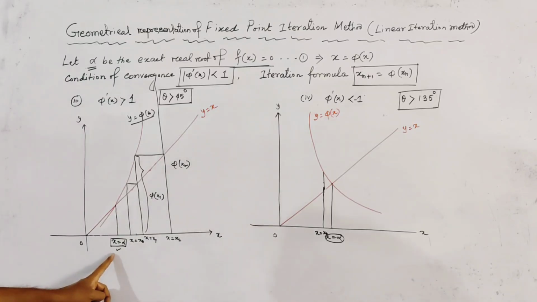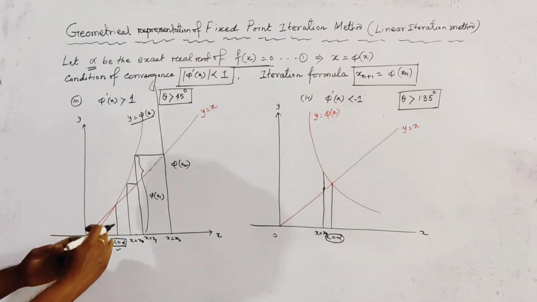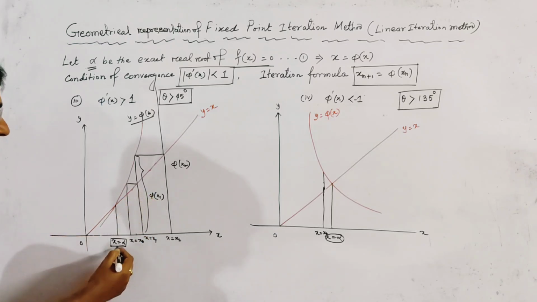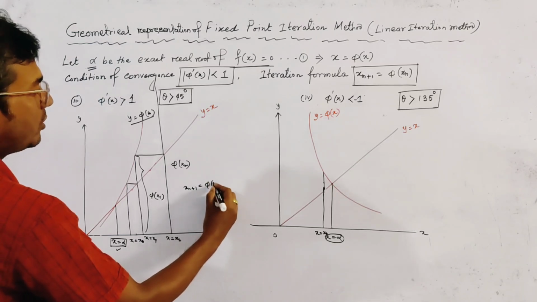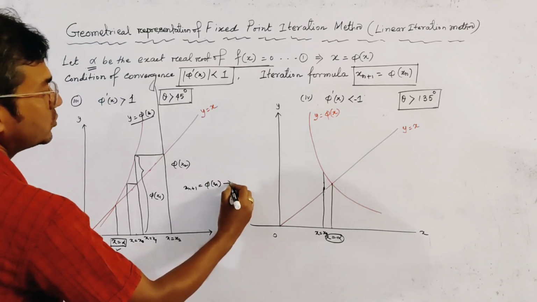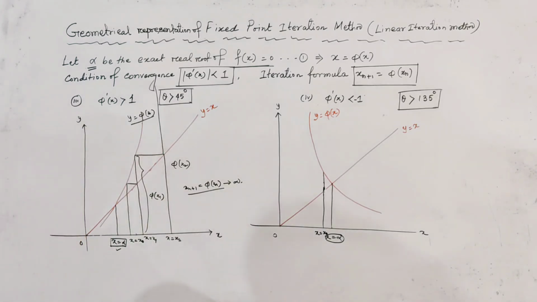Here the exact root and the approximate value continually differ. Okay, so xn plus 1 equal to phi of xn is tending to infinity here. So this is the case of divergence.